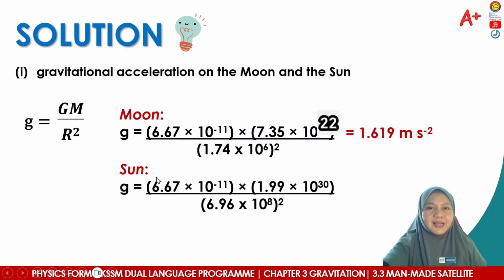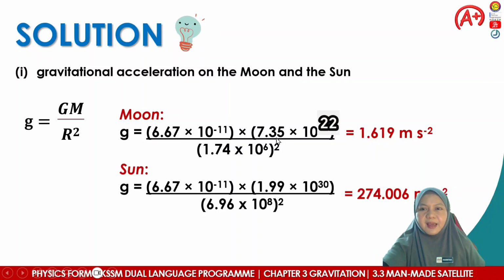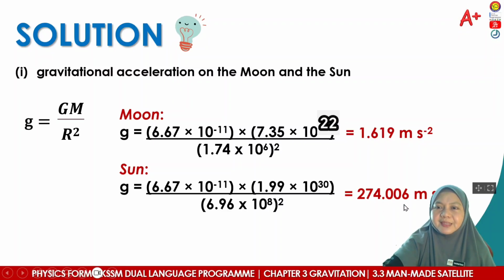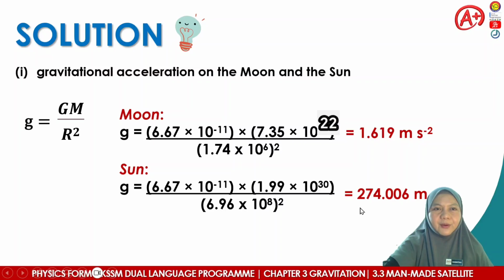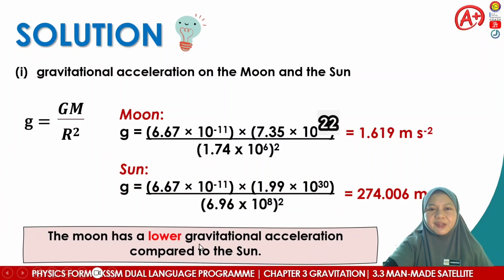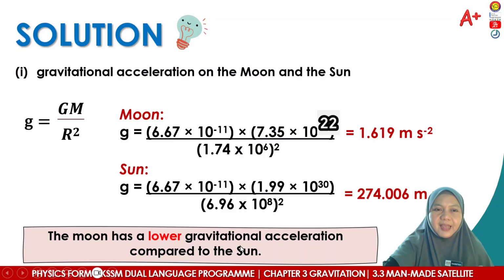And for the sun, it is 274.006 meter per second squared. So if you compare who has the greater, the moon has a lower gravitational acceleration compared to the sun, or vice versa. You can say the sun has a higher gravitational acceleration compared to the moon.